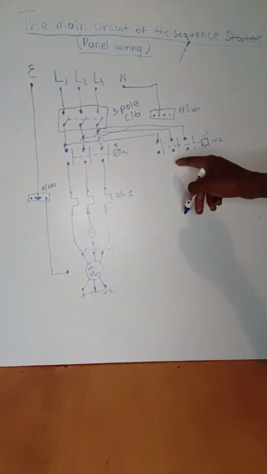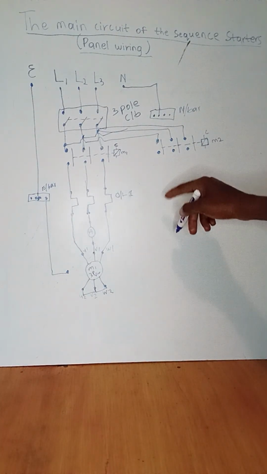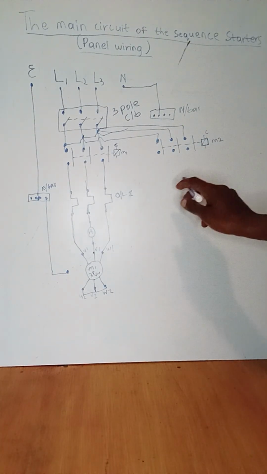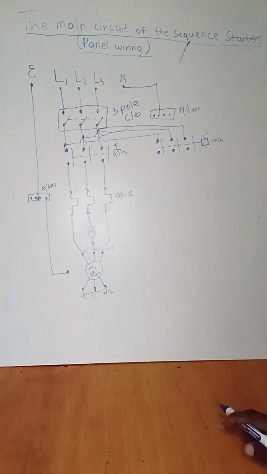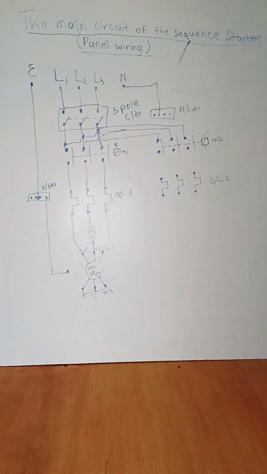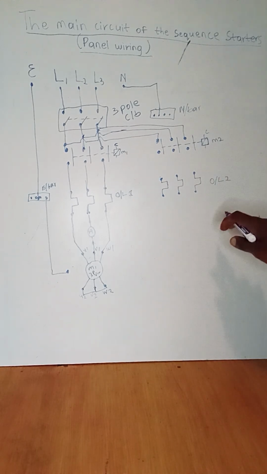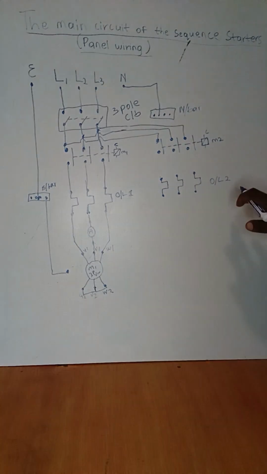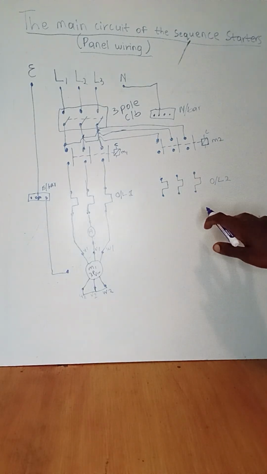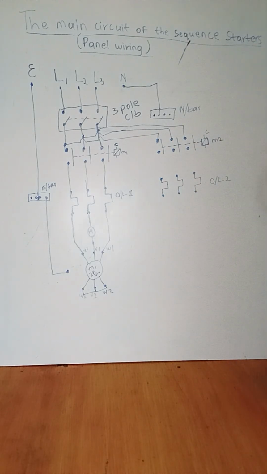So my connection will be connected to the overload of motor 2, which will be overload 2. Because remember, when we have two motors, both motors will need overload independently. Right, from there we have the symbol of overload 2, which will be connected to motor 2.